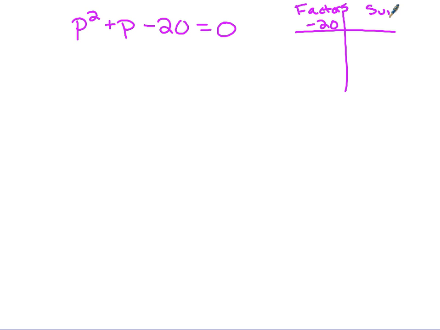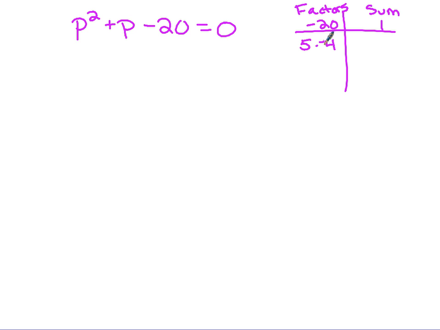P squared plus P minus 20. Everything's chilling on one side together, so that's good. We don't need to move anything over. So we want to figure out factors of negative 20. And we want the sum to be positive 1. So remember, there's like an imaginary little 1 there. Let's see. I'm thinking 5 times 4, but I wonder which one needs to be negative so that this is a positive 1.